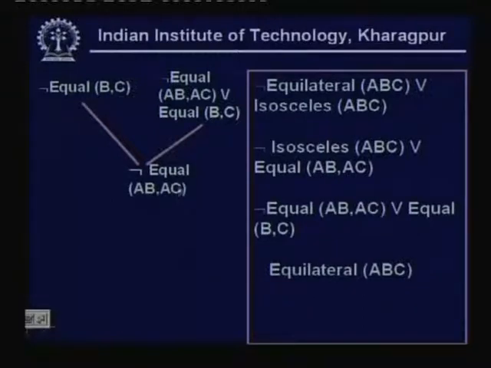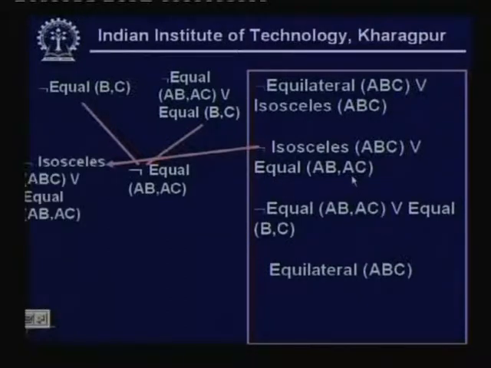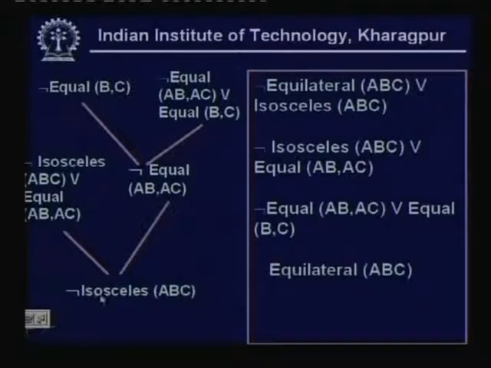Now, when I get not equal ABAC, again I look over here and try to find another clause which has got the complement of that. So, equal ABAC is here. I take this clause and try to resolve between these two. As I resolve, what do I get? These two will resolve out, so I will get not isosceles ABC.